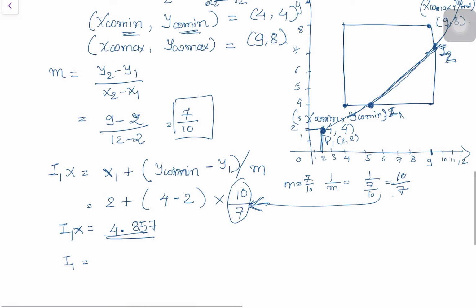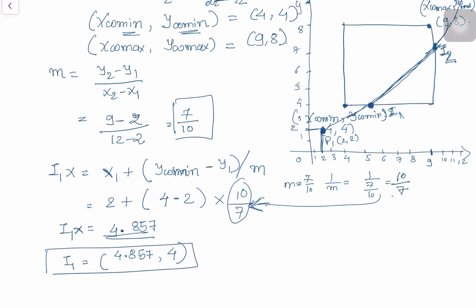That is 4.857 comma yw minimum, so I1 is 4.857 comma 4, right? This is an approximate value.